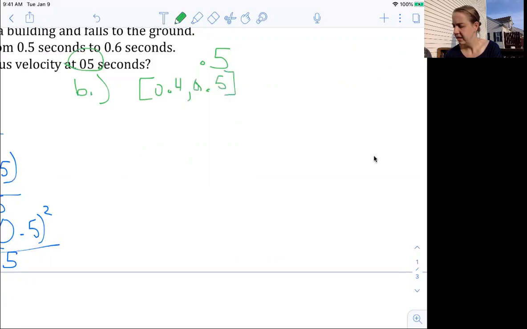And then a smaller interval, 0.45 to 0.5. And then we'll use 0.49 to 0.5.